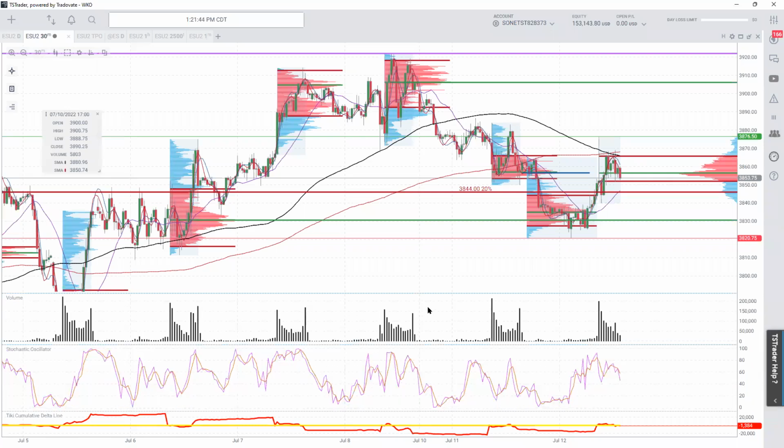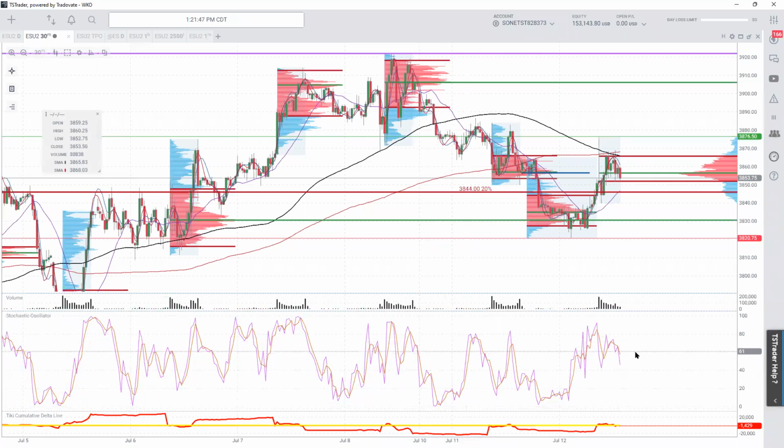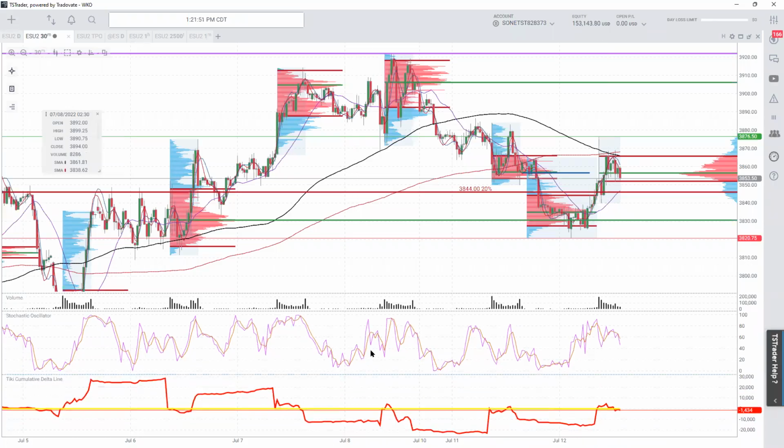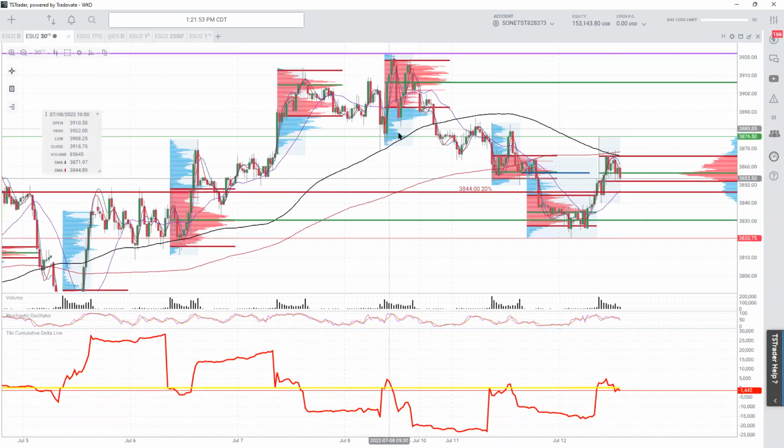There's that stochastic. So this is last Friday. This yellow line is the baseline for where the market opened. Initially, the push to the upside brought in positive delta. Okay, the delta kind of went up to about 4,100 positive.